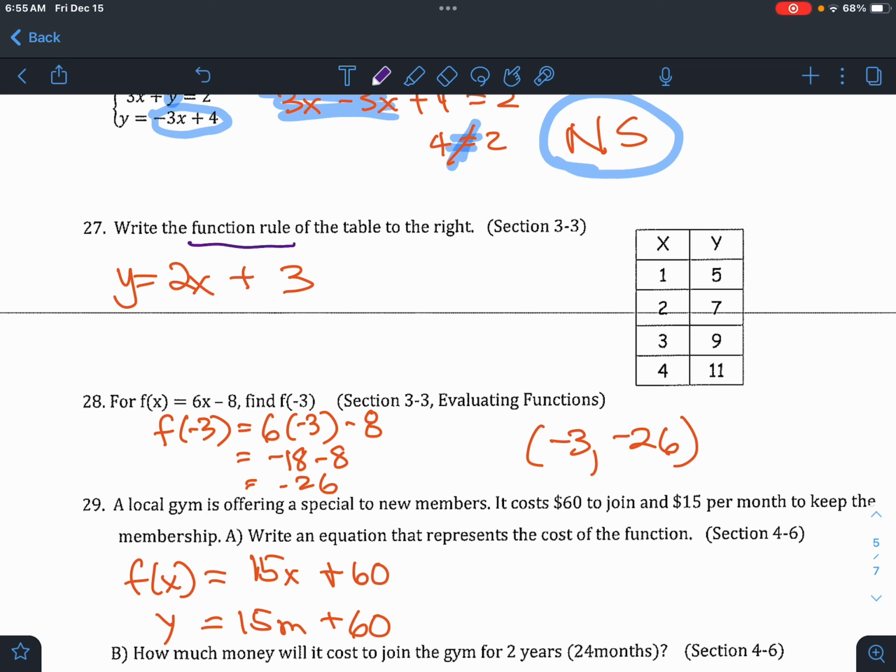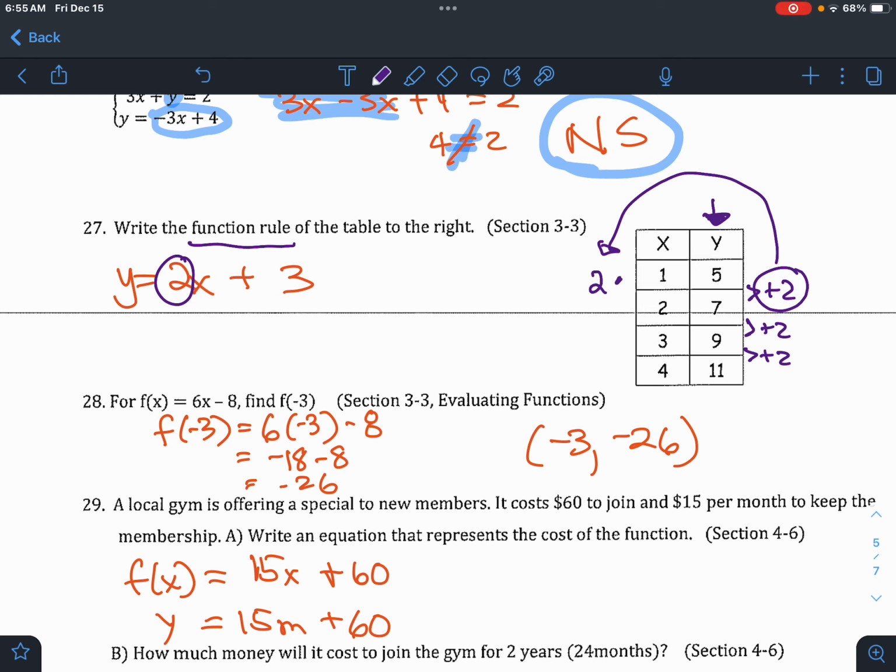Okay, on 27, we're writing the rule. How do we write the rule? Why? I look at the y values first because I want to find the slope right here. And I can see this goes up by 2 every time, right? So that means that the slope is going up 2. I multiply that by the x value and I see what happens to get to the y-intercept.